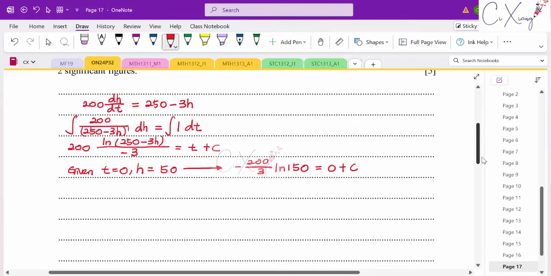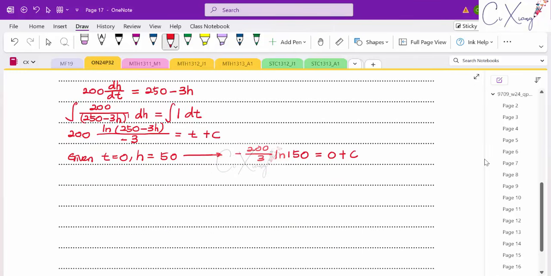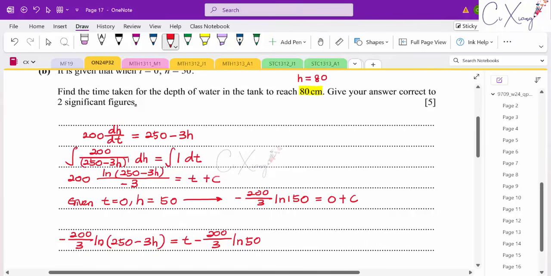Now if I write out my particular solution here, this is the c that I get. So it should be like this. Then the question requested the time taken when the height is 80.